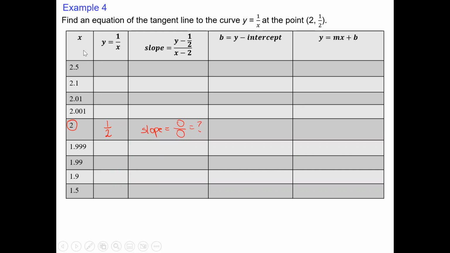The other point we choose to create a secant is getting closer to 2. We may do exactly the same thing on the left-hand side: 1.5, a little bit far away, 1.9, 1.99, 1.999, and even closer.